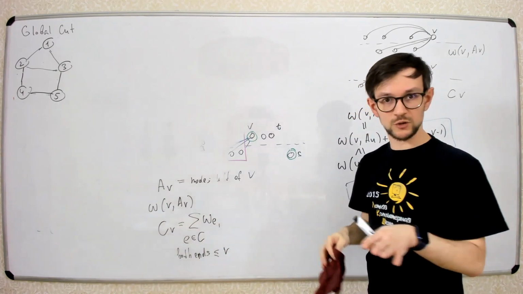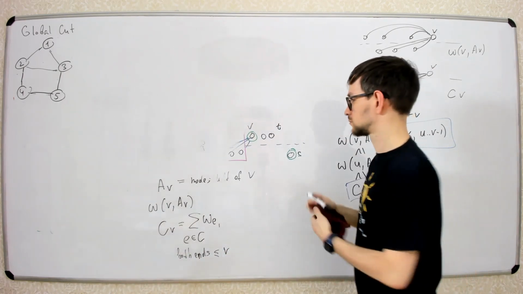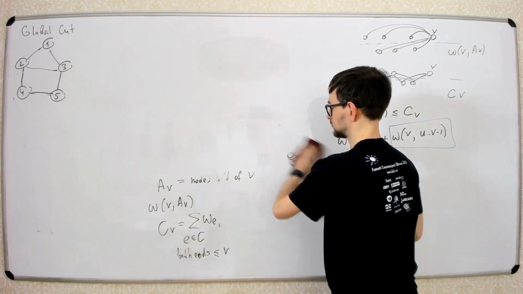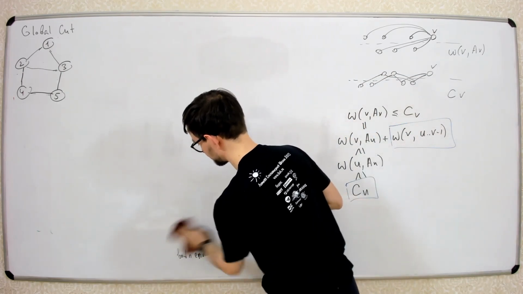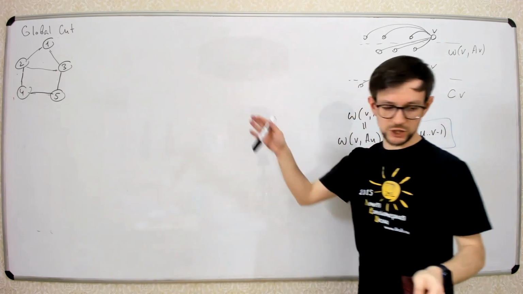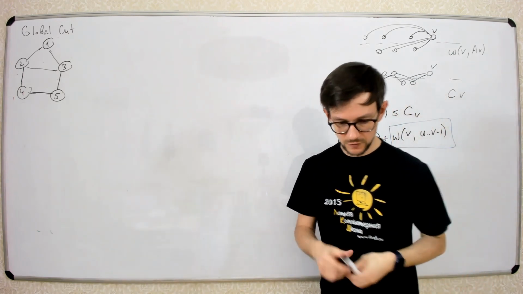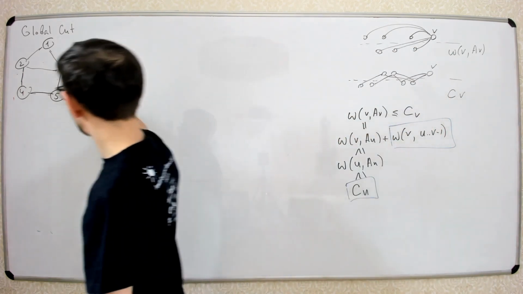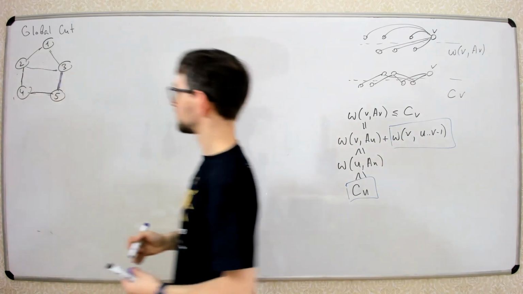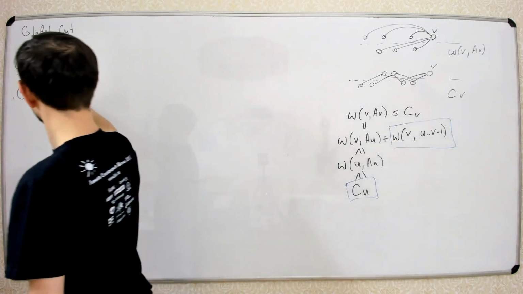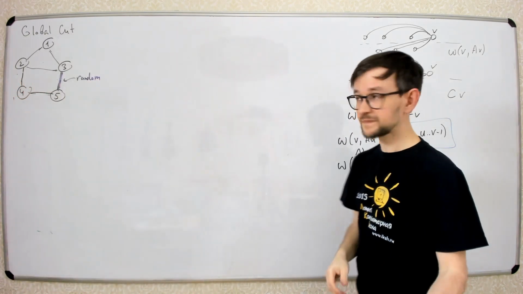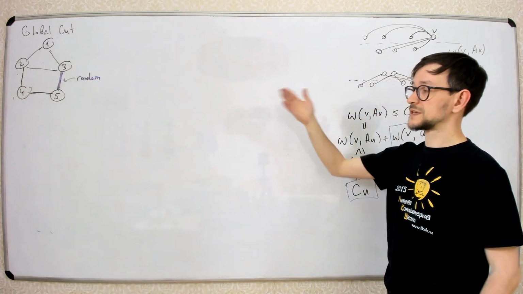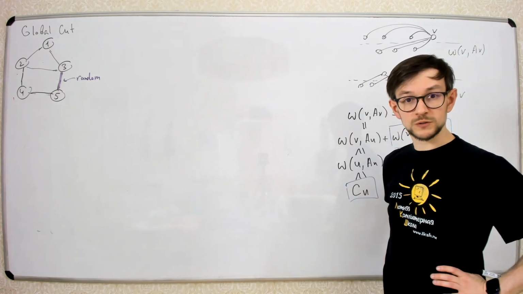Let's pick a random edge. We have some edges. Let's select a random edge. For example, let's look at this edge. So this edge connects some two nodes.